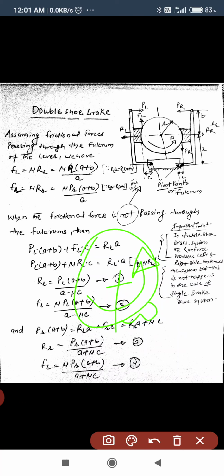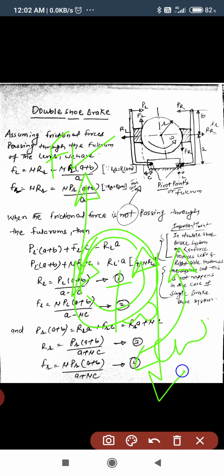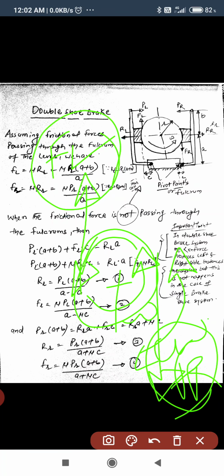So this is rotating anti-clockwise, and when it is anti-clockwise it moves like this, and frictional force acts opposite to this, that is, on the left side I wrote it as FL, and in the same way on the right hand side, the frictional force on the shoe is in the direction opposite to the rotation, FR. So this frictional force is acting opposite to each other when two shoes are on the same drum.